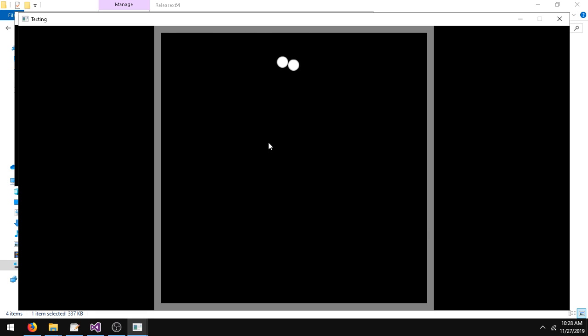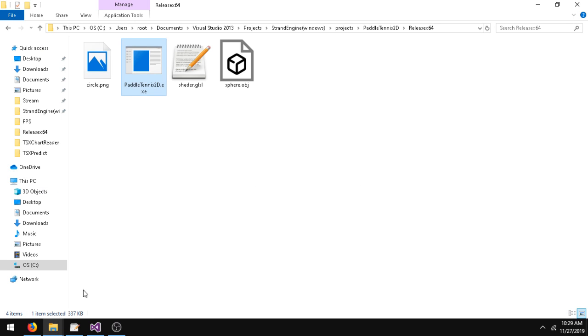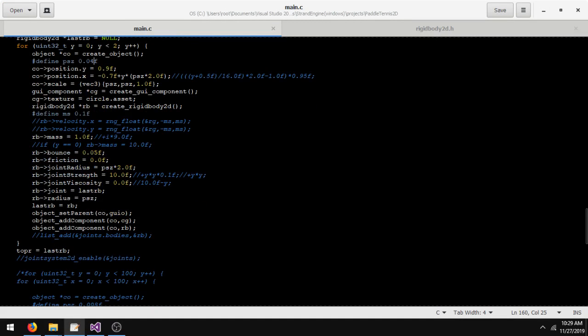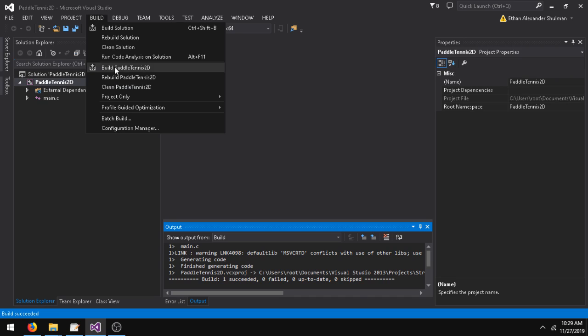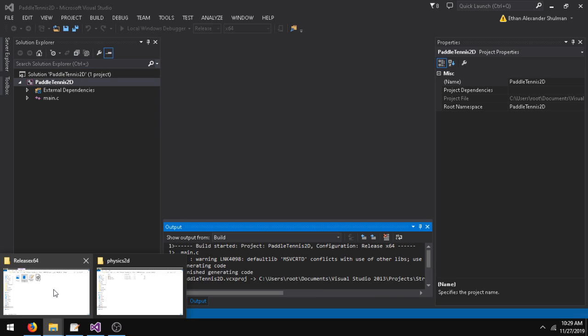Okay, now what is it doing there? Where it does that swaying back and forth? That's because they're colliding off of each other, isn't it? Try stopping the collision with each other.